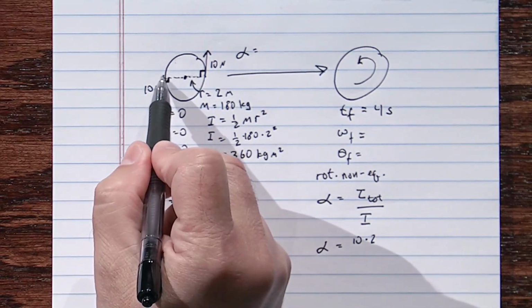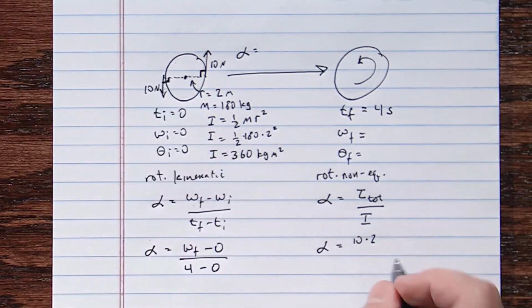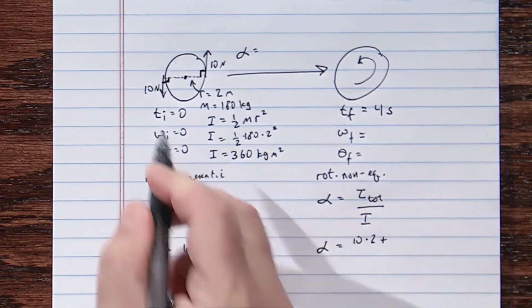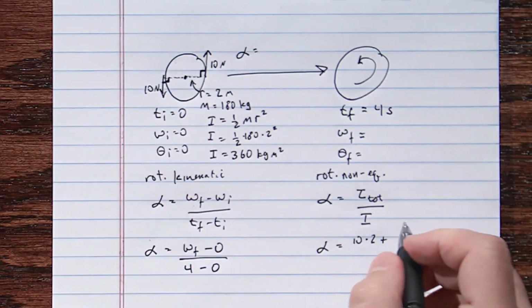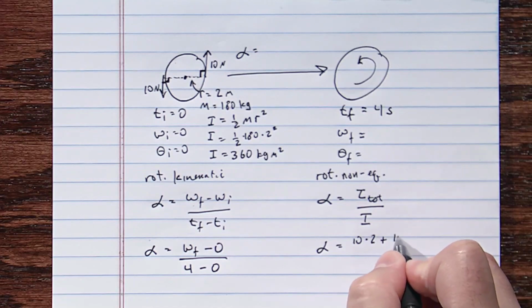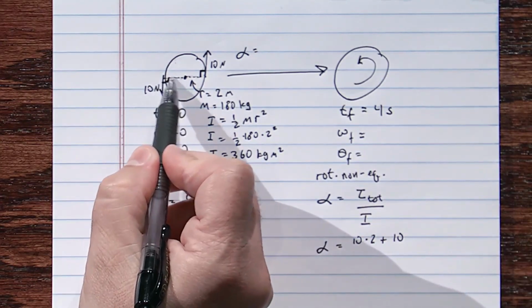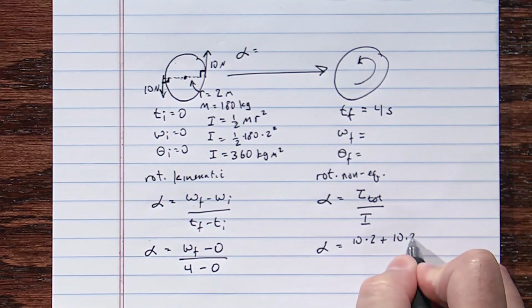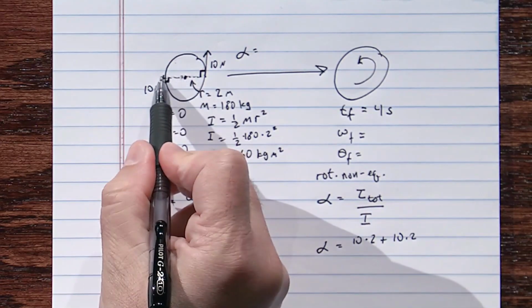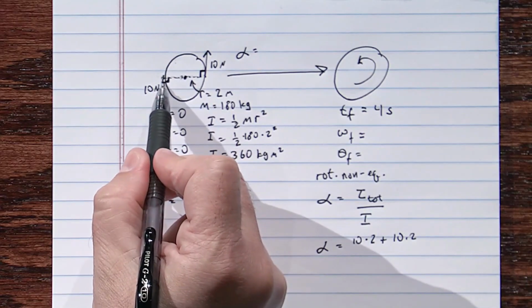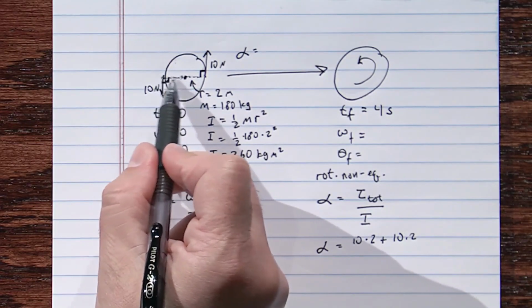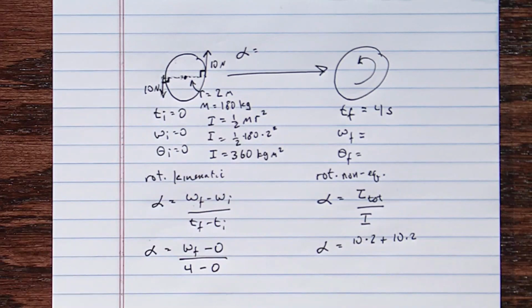And then we have the same thing for this force. We have a force of 10 newtons, and it's also in the positive or counterclockwise direction. So we would have plus 10 times 2 meters times the sine of the angle between the force and the line to the pivot point, which would be 90 degrees.